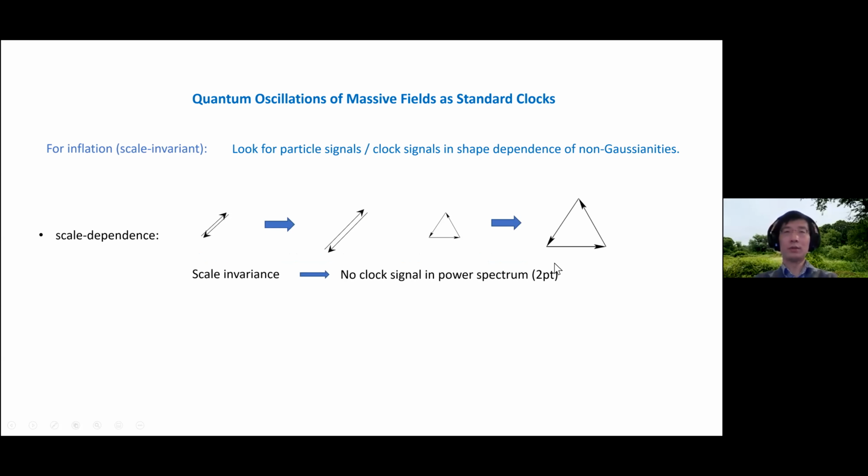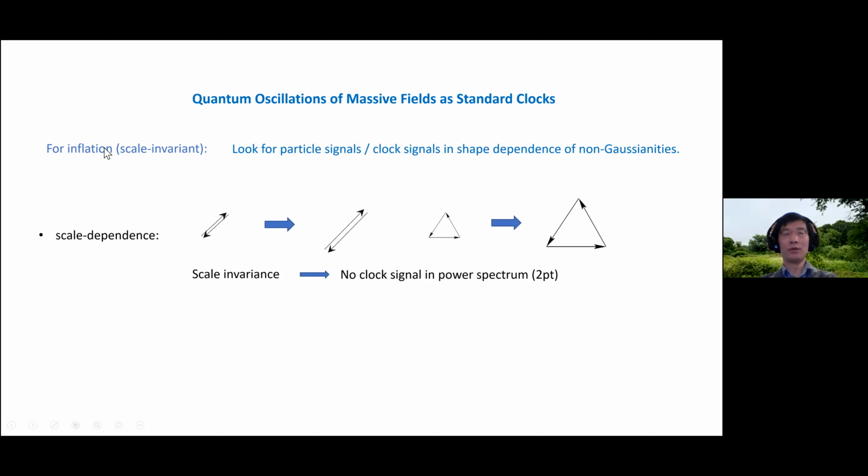Okay, so first, it's not difficult to understand that in order to look for quantum fluctuations of a massive field as standard clocks, we need to look at non-Gaussianities. That's because if you look at correlation functions, very schematically, you find two different dependences on momentum. One is its dependence on scale, when you rescale all the momenta. Another is dependence on shape. For the power spectrum, scale dependence is the only one because you only have one momentum mode.